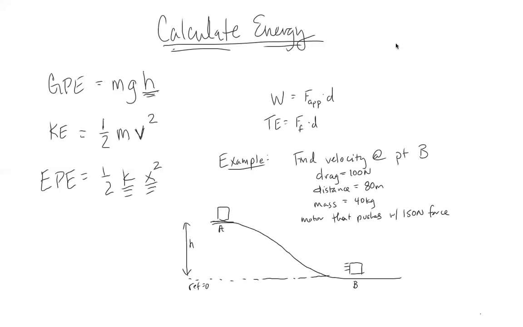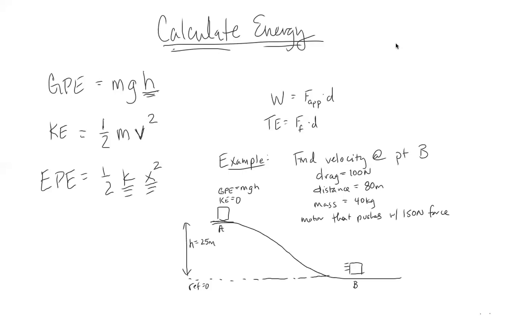What do we know about this system? Our gravitational potential energy up here is not equal to 0. It's equal to something we can calculate, and in general terms it's equal to our mass times our gravity times our height. We have all of those, because this is given, sorry, I forgot to give you this: 25 meters. We know that our kinetic energy is equal to 0.